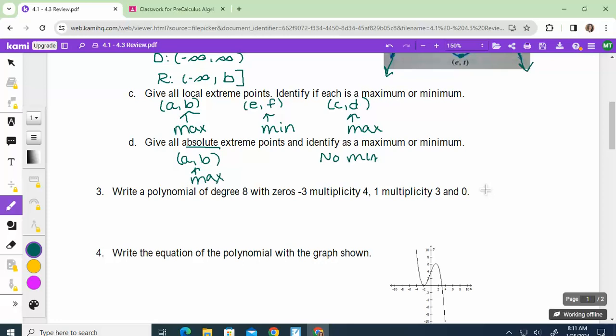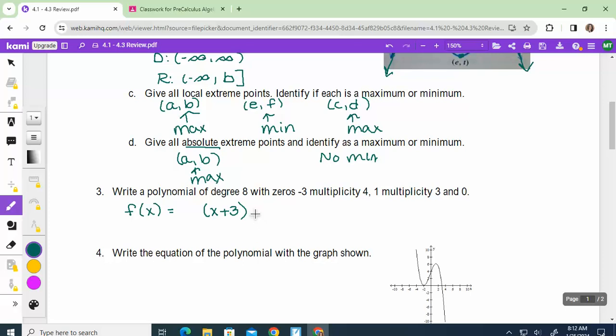Number 3. I want a polynomial with degree 8 and zeros: negative 3, multiplicity 4. So what would I have to write? If negative 3 is a zero, what goes in my polynomial? Multiplicity of 4.